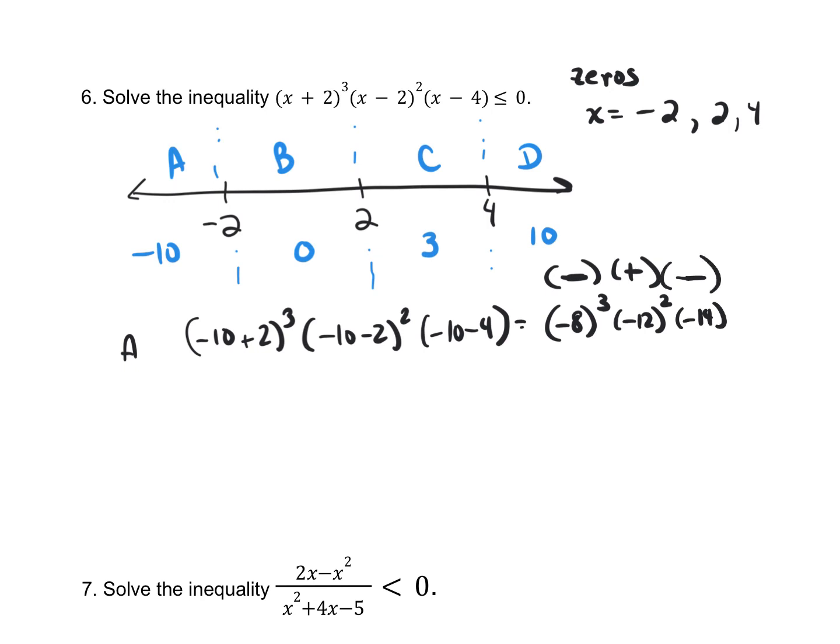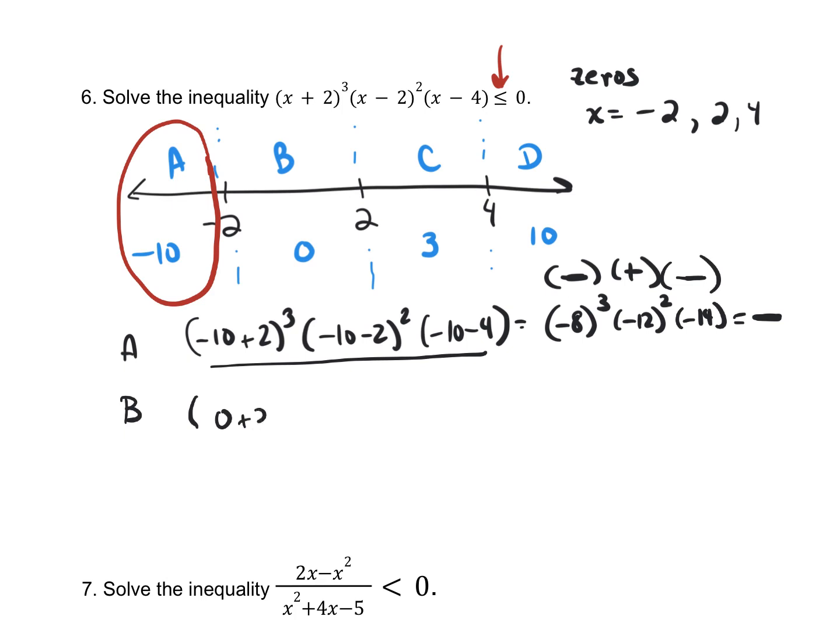Now, you are certainly welcome to just type this in your calculator and figure out if it's negative or positive, but this is going to give me a negative number of some sort, right? And in this problem, since we're looking for things that are less than or equal to 0, and I got negative in region A, I would want to include region A in my solution set. And then I'll do the same for B, C, and D. So I'll do B. B is 0. 0 plus 2 cubed, 0 minus 2 squared, 0 minus 4.